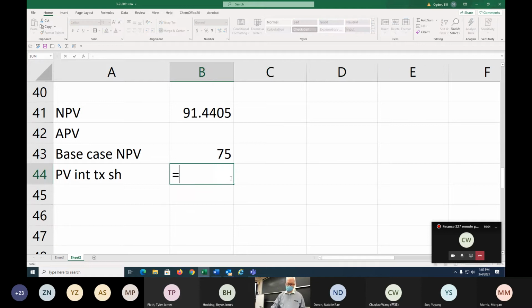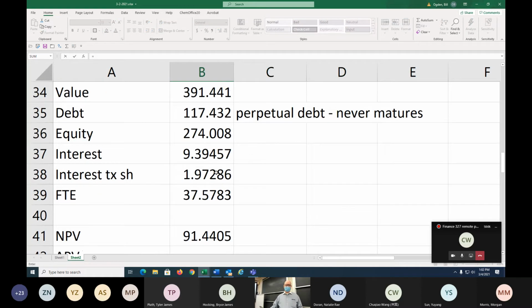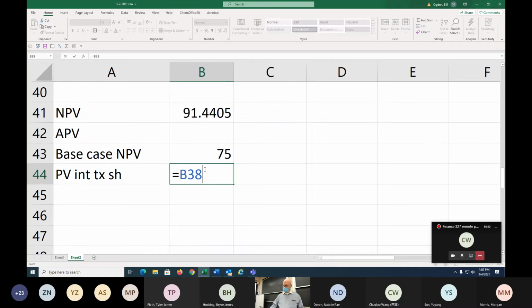So what happens? We take the tax shield and we divide it by the appropriate discount rate, which, again, is RU. The unlevered cost of equity, the cost of capital with all equity financing.